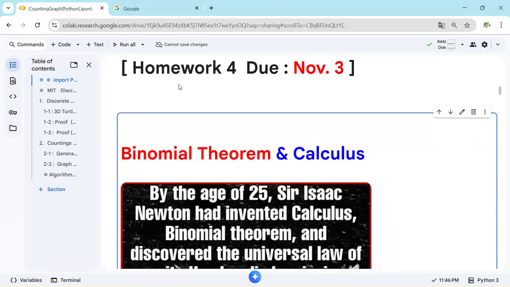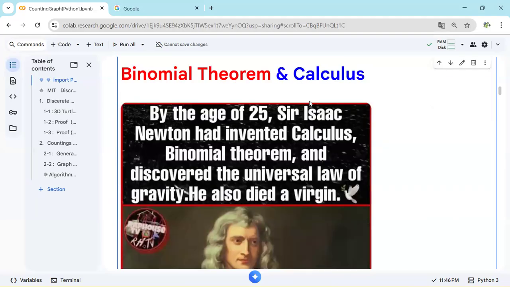But for homework 4, we will introduce a generalized version of the binomial theorem. The generalized binomial theorem was invented by Isaac Newton, and he used it to introduce differential calculus.